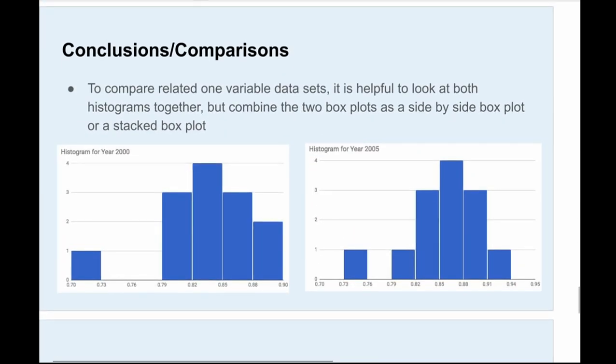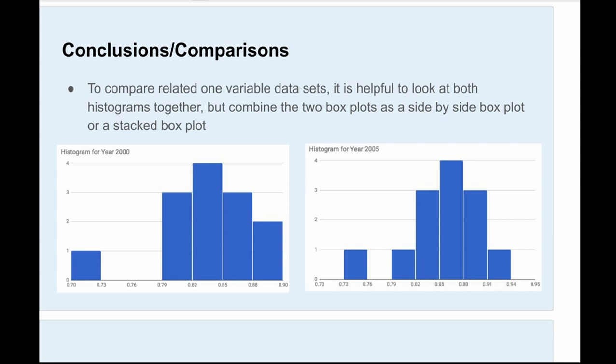Finally, we can use our box and whisker plots and our histograms to make comparisons or to compare related one variable data sets. So if I have two sets of data for, again, the same situation, the healthcare, if it was good or excellent, one for the year 2000 and one for the year 2005, I could create two histograms and put them side by side to see how my data would change.